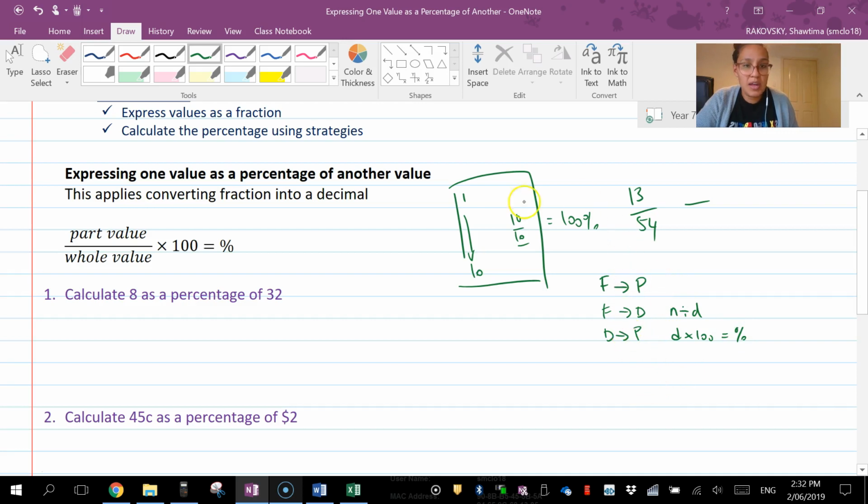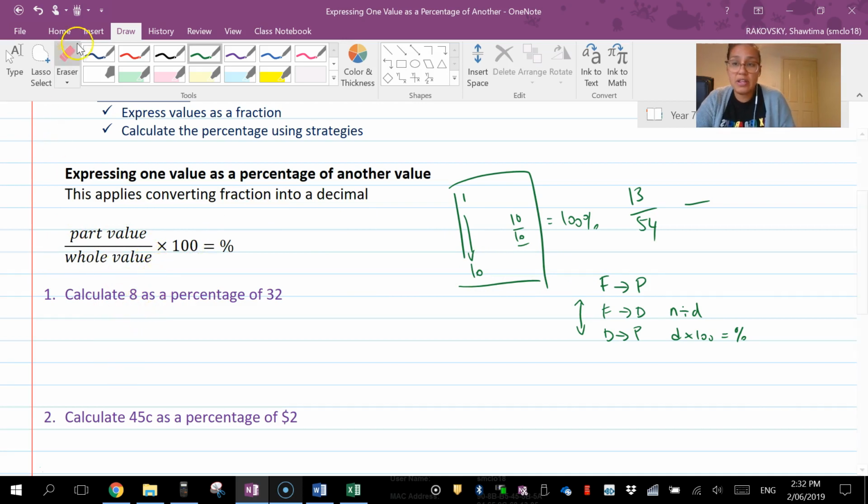So we can do that, and that's essentially what you're doing here, isn't it? So the part value, my 13 out of 54, and then I'm multiplying it by 100. So that's where this comes into play. Your conversions come into play with expressing one value as a percentage of the other.